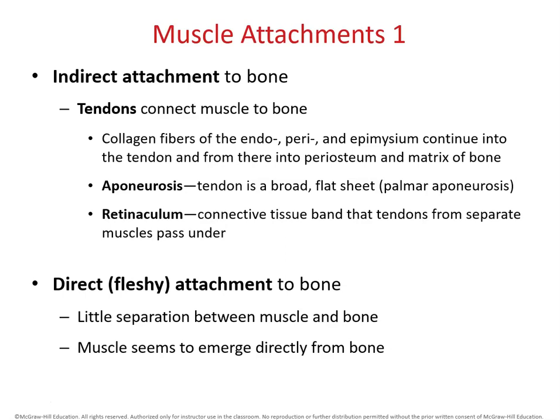We can also have a direct attachment to the bone, meaning there is very little separation between the muscle and the bone. In this case, it appears that the muscle emerges directly from the bone without the use of a tendon. So indirect attachments involve a tendon, and direct attachments are a much closer association between the muscle and the bone.